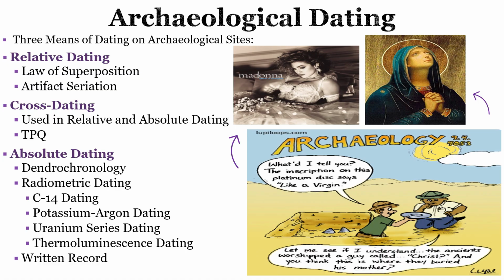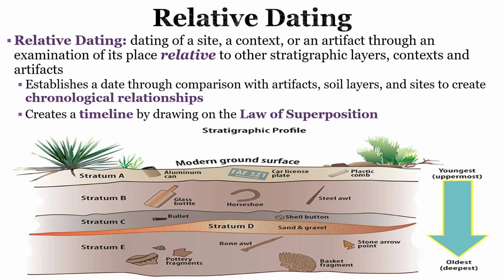All right, let's continue. The first concept that I would like you to know in archaeological dating is that of relative dating. You can see the definition here, and as it's been throughout the semester, key definitions that you should know are highlighted in bold.